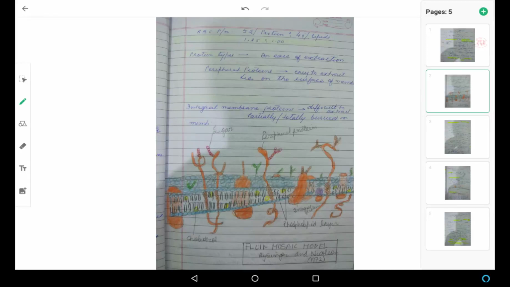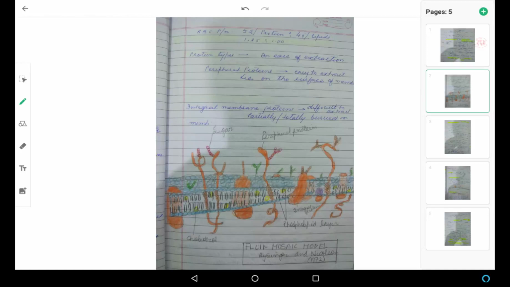The peripheral proteins are very easy to extract and they are majorly laid on the surface of the membrane. Apart from peripheral proteins, we have integral membrane proteins. They are difficult to extract and they are partially or totally buried in the plasma membrane.